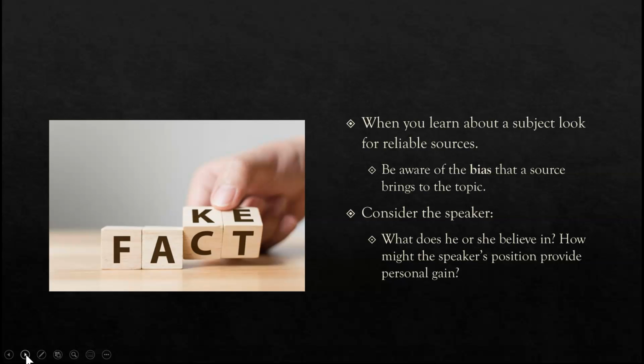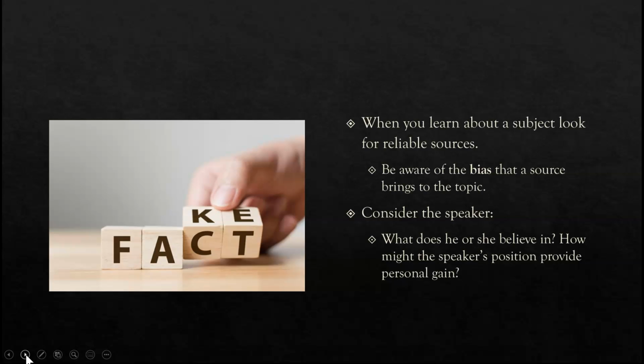We want to be very aware of the bias when you're using different sources, because if a text is biased and you've chosen to use it to support your claim, then that's something that could actually make your argument weaker, right? But if you acknowledge the bias, like, hey, I know that this is slightly biased, but it's really good in this sense, then readers are more likely to buy into what you're saying.